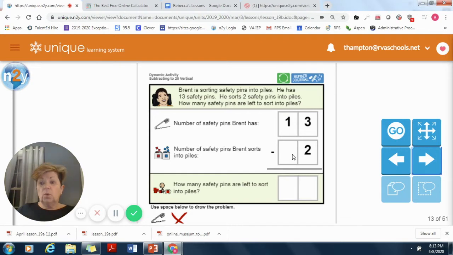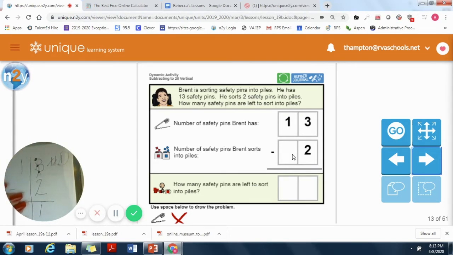Yes, 1. Now we can also put up 3 fingers and take away 2 and have 1 left, right? We can also make our 3 hash marks, and then we can mark off 2 of those hash marks. We just click them right off, and we know that we have 1 left. So that equals our 1, right?